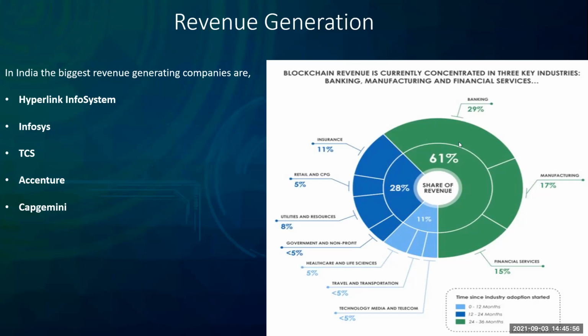You can see in this picture that banking, manufacturing and finance are the maximum revenue generators for these companies. So we can safely conclude that the financial sector in India and worldwide produces the maximum revenue for these companies.